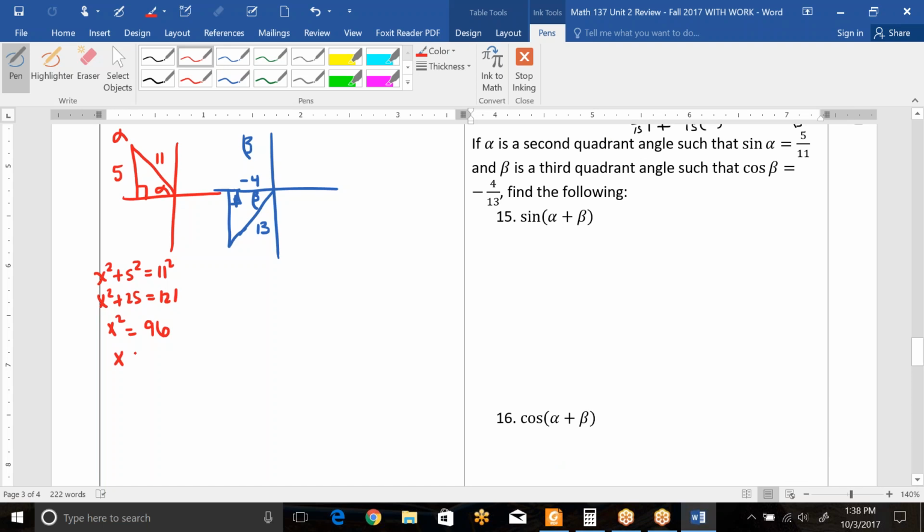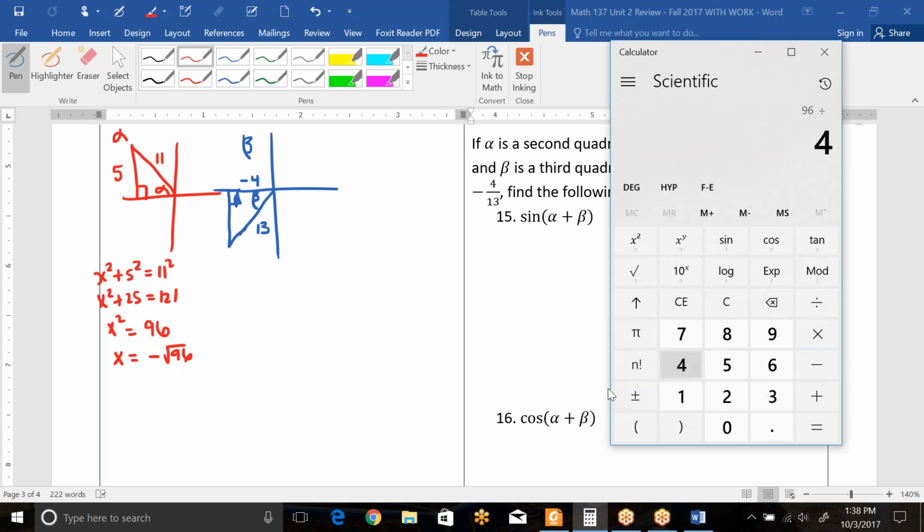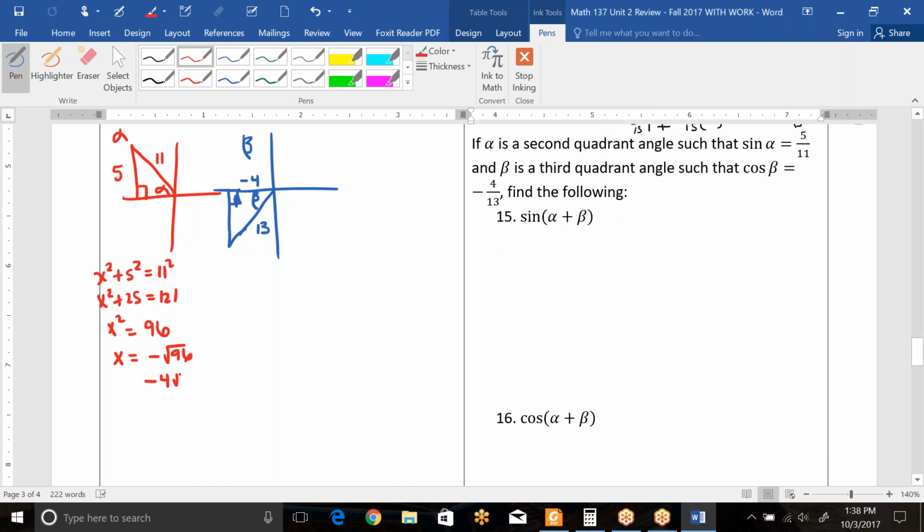So then we take the square root of that. And remember, we're going with the negative case here because this is in the second quadrant for x. Now, I believe that 4 might divide into this. Let me double check. Yep, actually 16 will divide into this. So this has definitely got a perfect square. So this is -4 square root of 6, because this breaks down into 16 times 6.